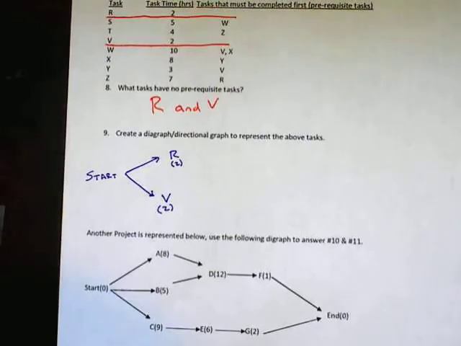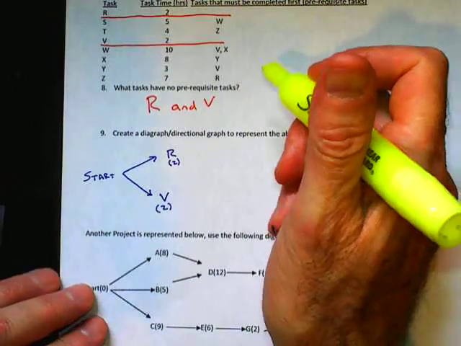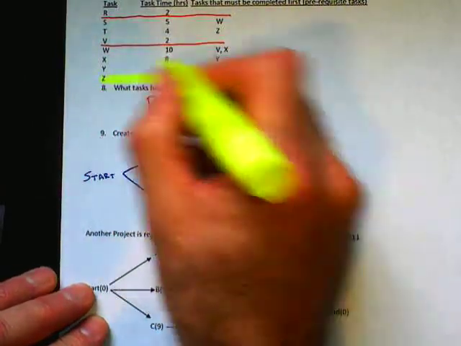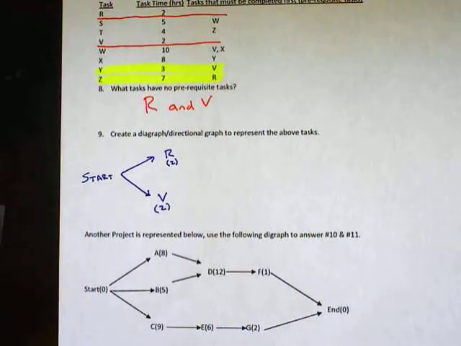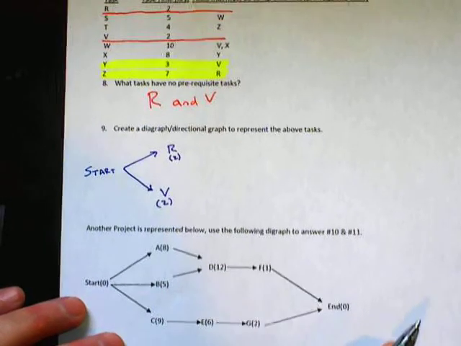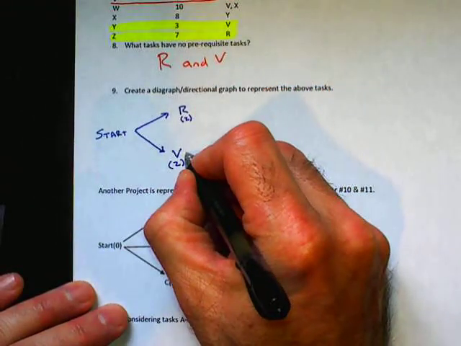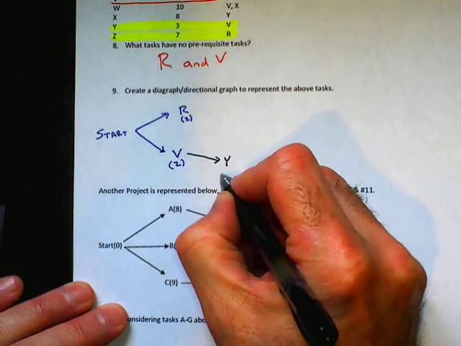Okay, now looking back up here, now that R and V are done, what would be a possibility? Well, anything that only needs R, V, or R and V. And there's nothing that needs R and V, but Y and Z need V or R. So I'm going to go ahead and make Y come from V. Takes 3 hours.